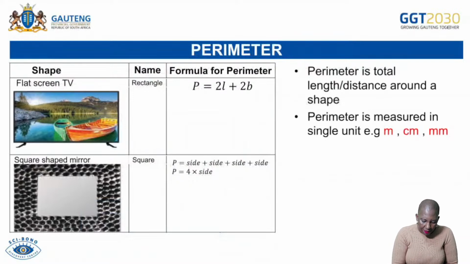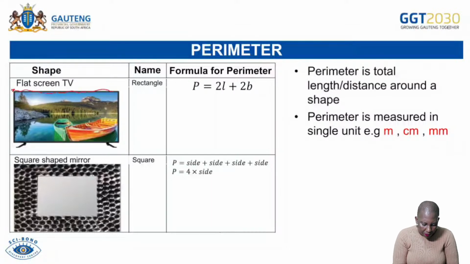Now the perimeter, as I have indicated. Here we have a flat shape, our flat screen. We say the perimeter is the total length or distance around a shape, and the perimeter is measured in single units. If I want to put a ribbon around a flat screen, it will be the length of the TV.